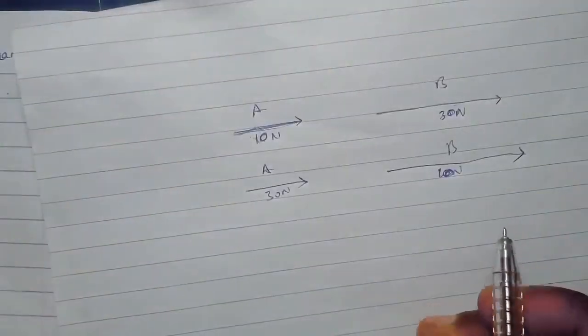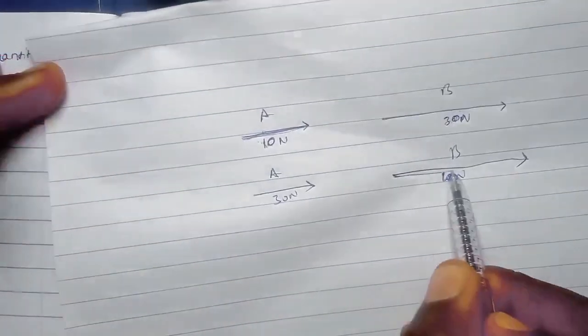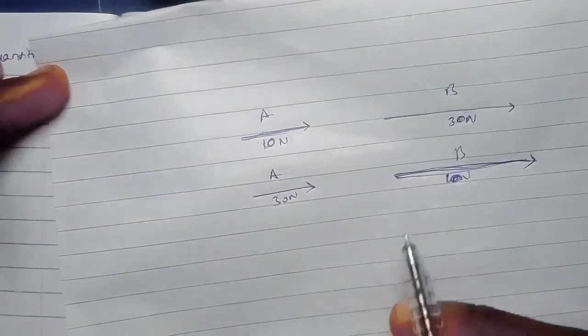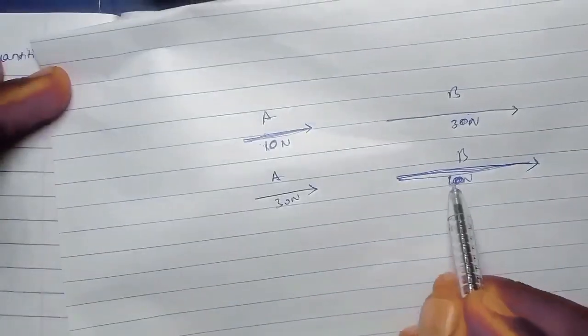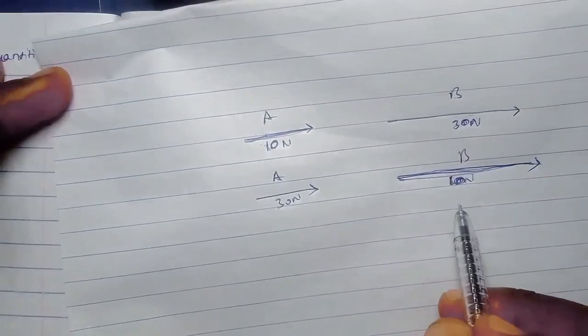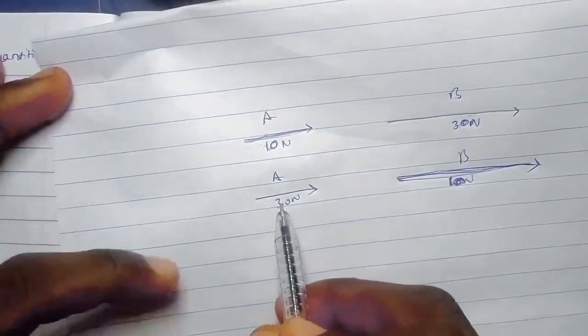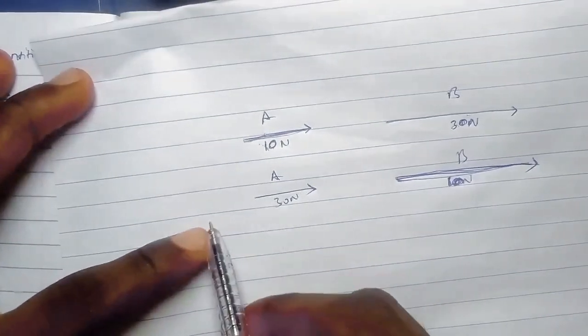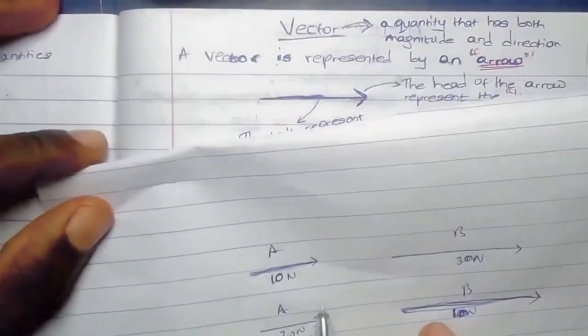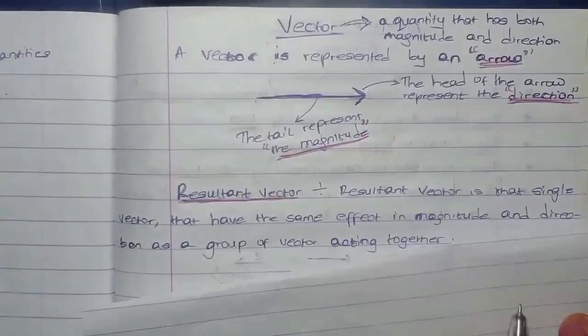This is not correct, because we all know that the tail of the vector represents the magnitude of the vector. If the magnitude is 10, the tail should be shorter, and if this one is 30, it should be longer. So the length of the tail of the arrow represents the magnitude of the vector.